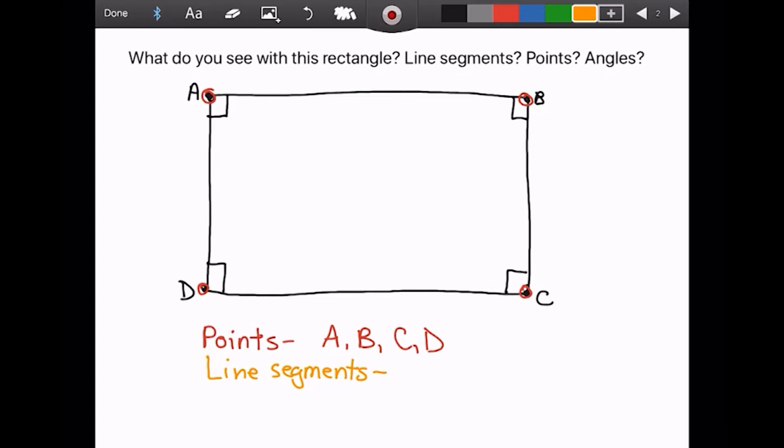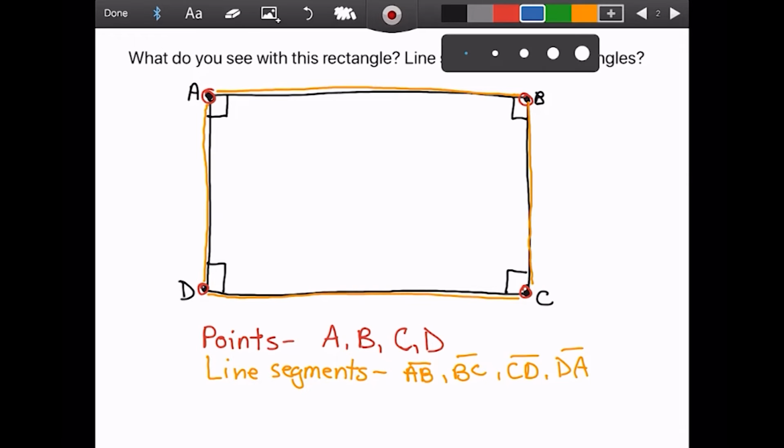Do you notice that there's a line segment right here? It has 2 endpoints. So AB is a line segment, and BC is a line segment. And then we've got CD is a line segment, and DA is a line segment. So we have 4 line segments there.